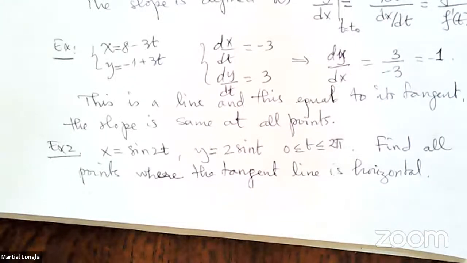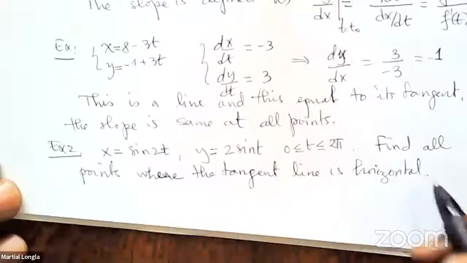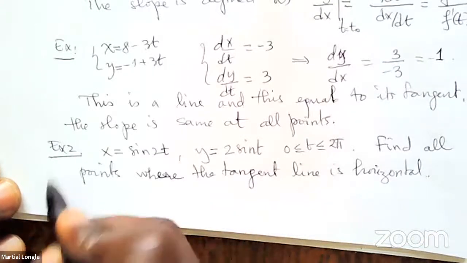What does it mean that this tangent line is horizontal? Anyone can help with this? What's the slope of a horizontal line? 0. So tangent line is horizontal means slope 0.